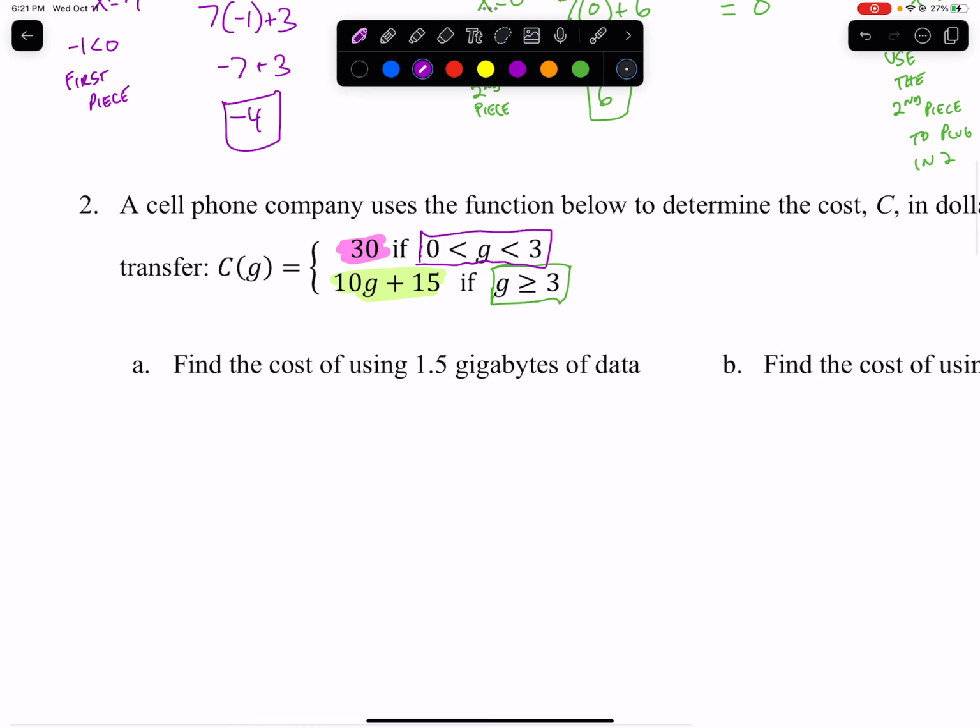So find the cost of using 1.5 gigabytes of data. So that means that G is going to be equal to 1.5. Which one of these domains does it fit? Is 1.5 in between 0 and 3, or is 1.5 bigger than or equal to 3? Well, 1.5 is in between 0 and 3, so we use the top piece.